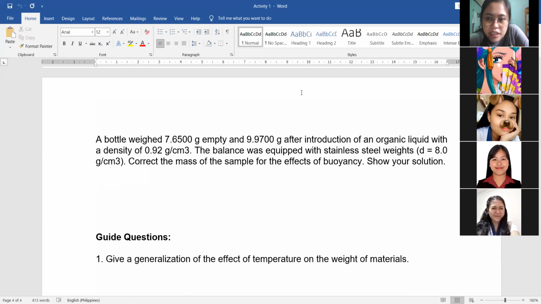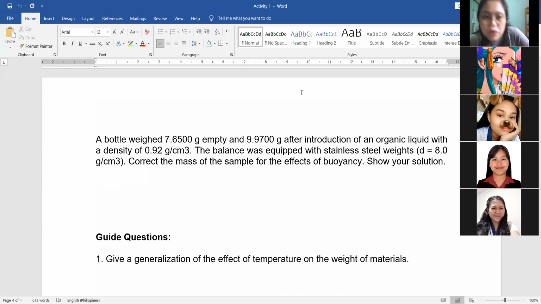So, the problem: a bottle weighed 7.65 grams empty. And then, when the object was placed in it, it became 9.97. Okay? The density of the object is 0.92 grams per cubic centimeter. Now, the balance uses weights, stainless steel weights. The density of the stainless steel weights is 8.0 grams per cubic centimeter.